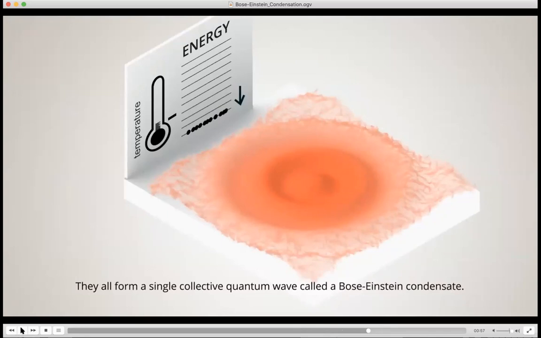When they're all in the same state, even though they're individual particles, it makes the most sense to describe it as a single wave function.